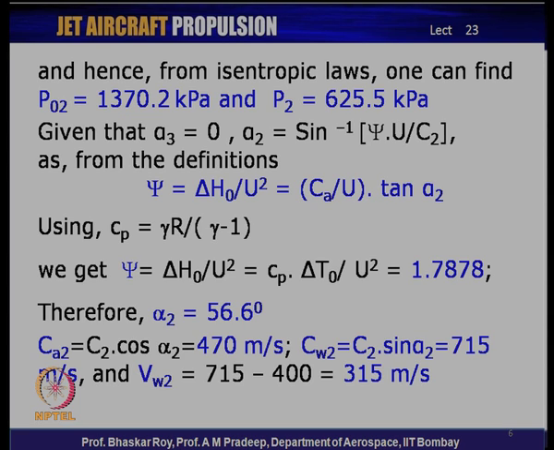Now, Cp of course, from thermodynamics we know is gamma R divided by gamma minus 1, and if we plug in all those values, the stage loading psi can be computed as 1.7878, and this is of course a non-dimensional parameter, and this number is often an indication of the amount of loading that you can prescribe for a particular stage.